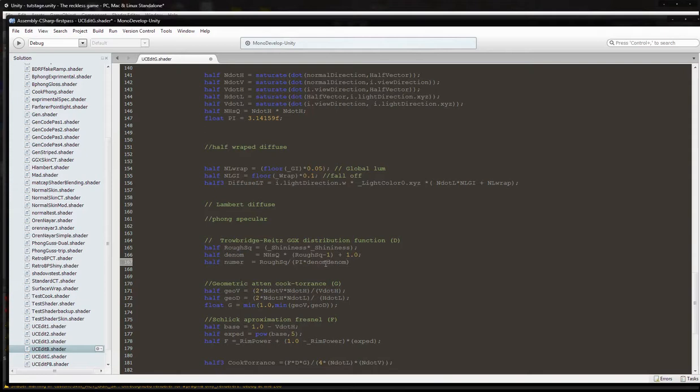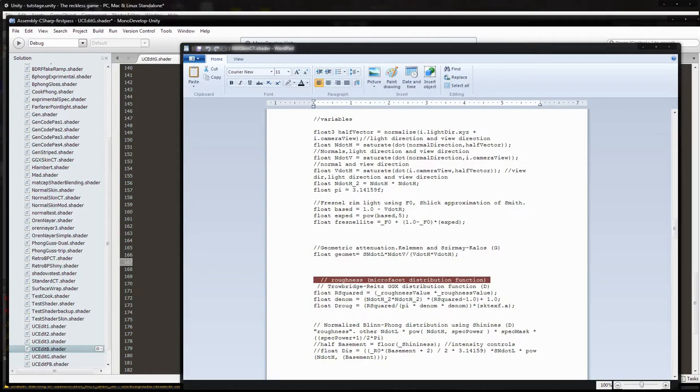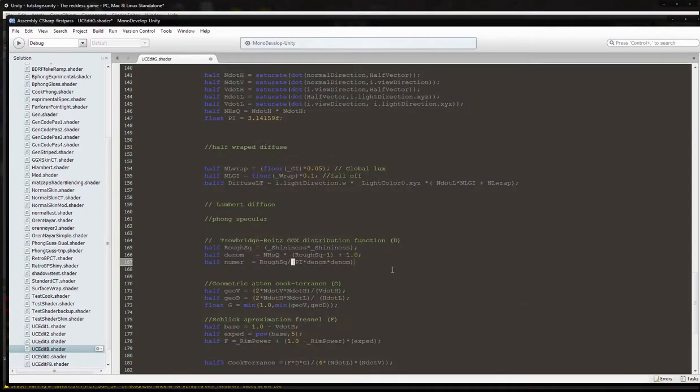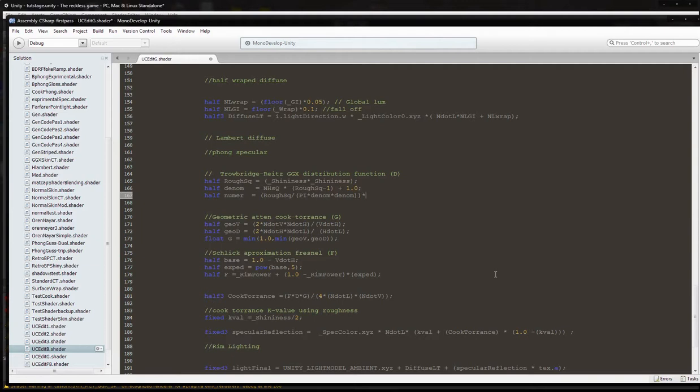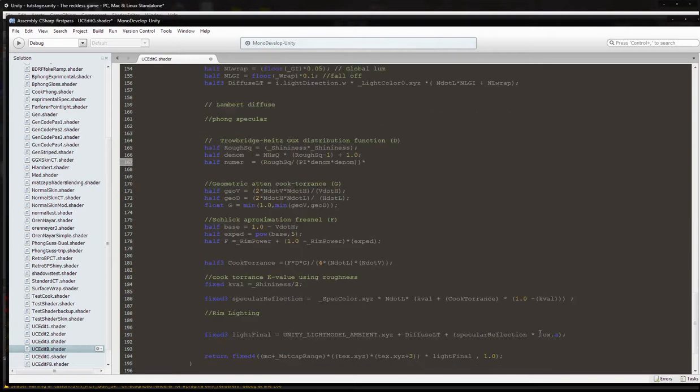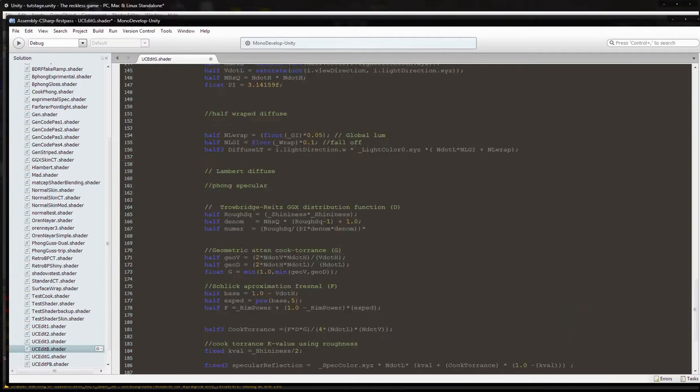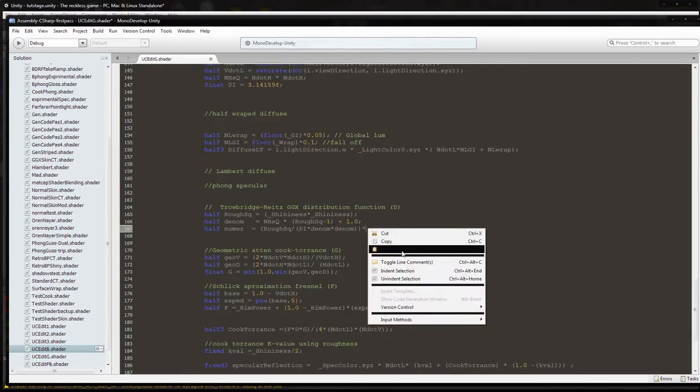If you want to, you could precalculate this, because we're only doing that once. After that, close parentheses around everything, and then multiply that by the texture alpha, copy and paste.